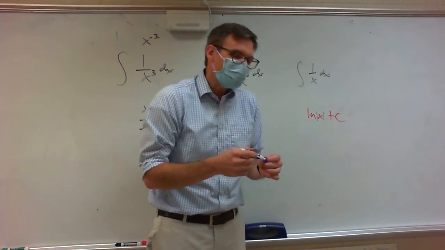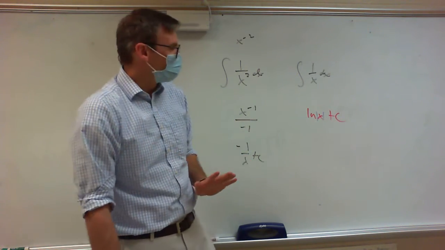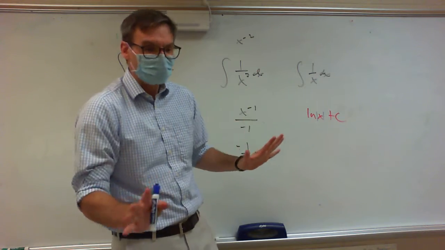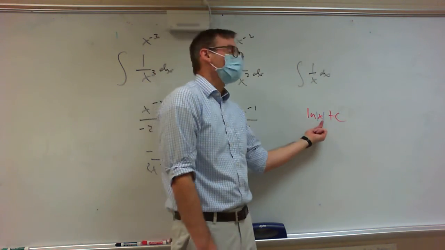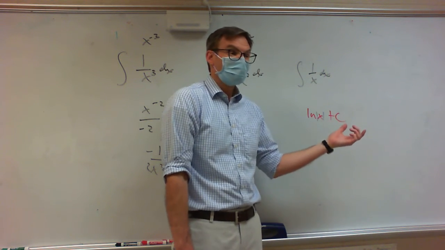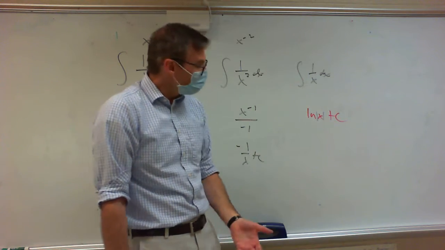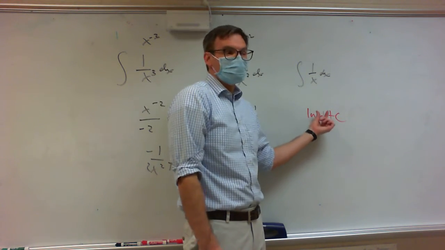There's a lot that has to do with that. My very hand-waving explanation is, you can't take natural log of a negative number, so we have to guarantee that x is positive, and putting those absolute value bars guarantees that. So when you check your answer in the back of the book, or any other place, you're going to see these absolute value bars.